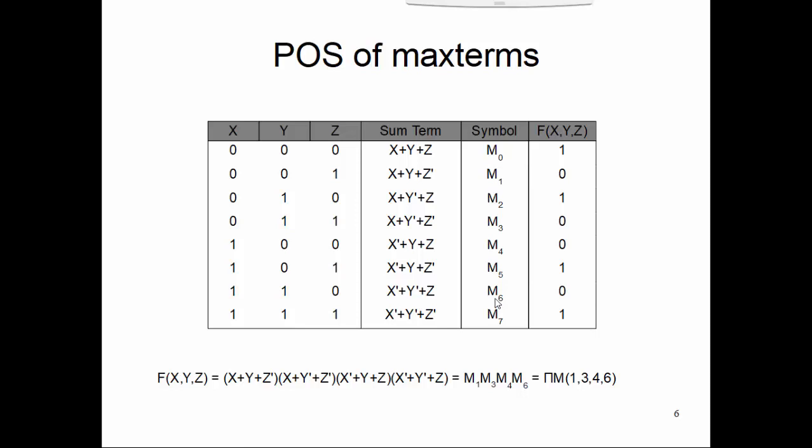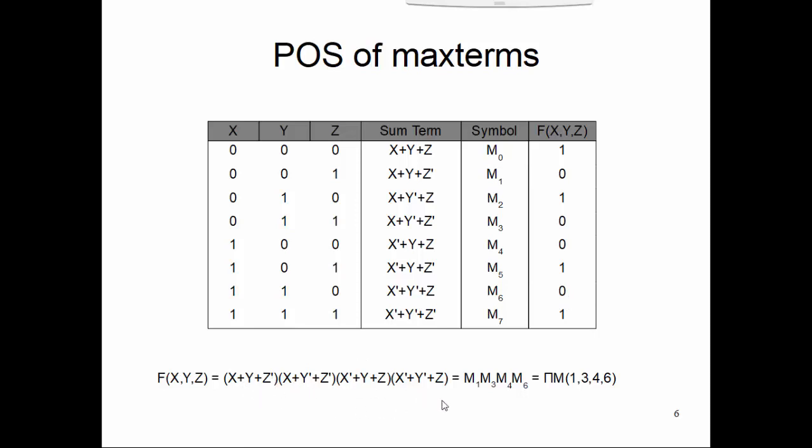Now how do I write the function in this case? Same f(x,y,z), I pick up those rows which have a value 0 and we AND between them. Then replace them with the maxterm symbols.